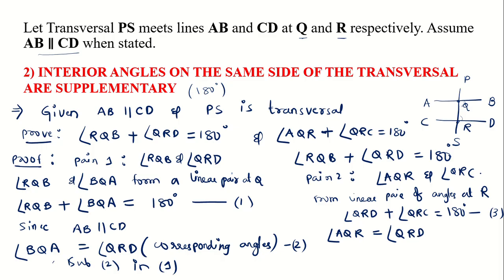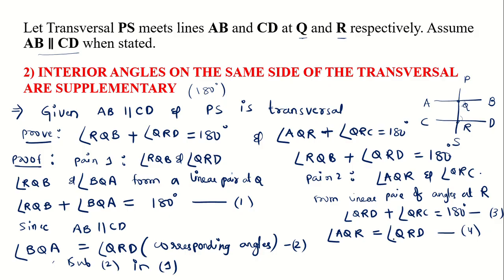From the theorem which we proved previously that alternate interior angles are equal, you will get angle AQR is equal to angle QRD. This pair we proved in the alternate interior angle theorem. So let this be your equation 4.